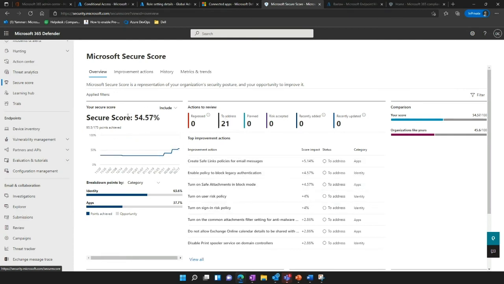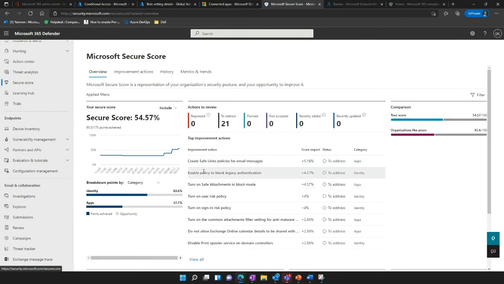So things like applying MFA gives you a big jump in your score, but then other things like Safe Links, for rewriting links that are shared within Teams and in Outlook and things like that, just to ensure that they are genuine links, they're not malware links, and only delivering that to the mail or to the Teams message or Teams channel once it's fully been tested.